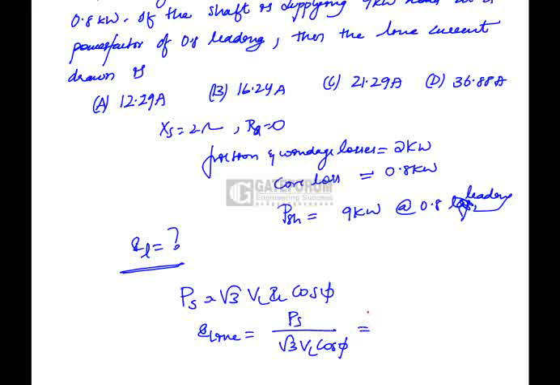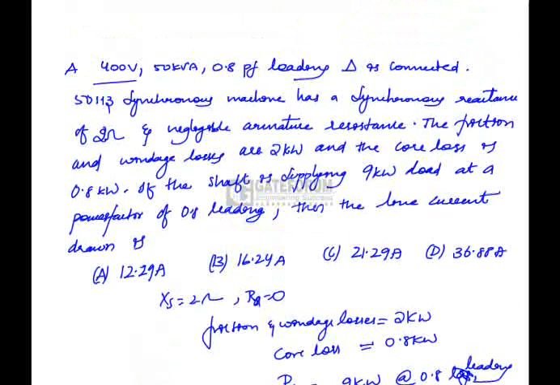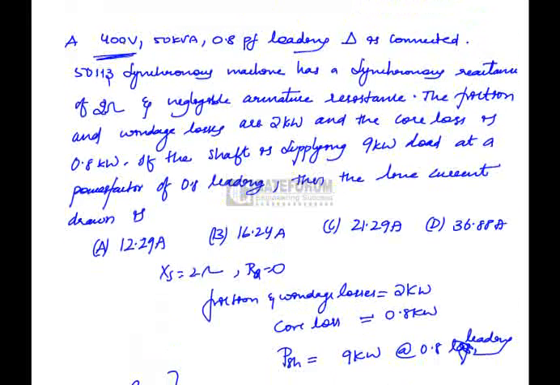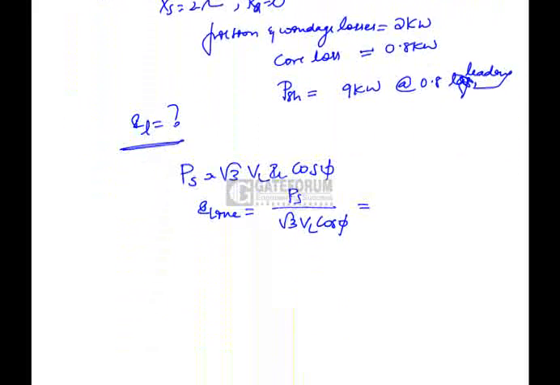Now we know the line voltage he has given as 400 volts. Unless and until it is specified in the question as phase, we should take line voltage. So root 3 into 400 into 0.8 leading power factor.